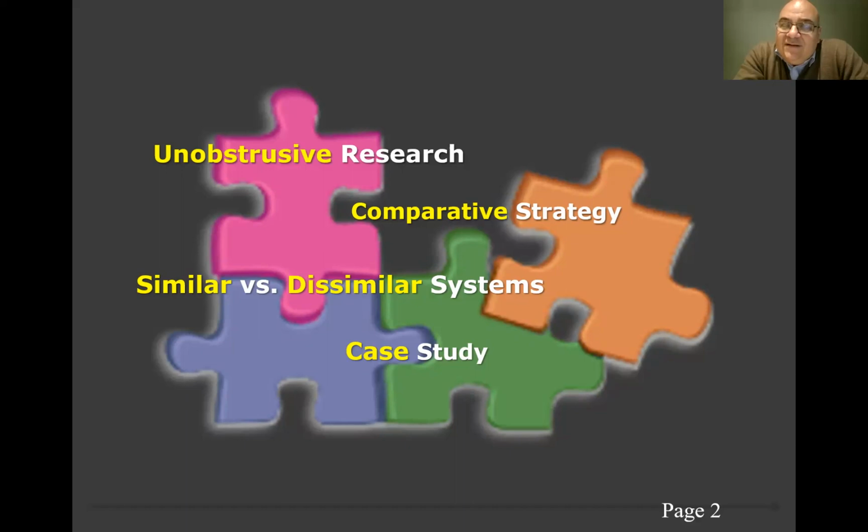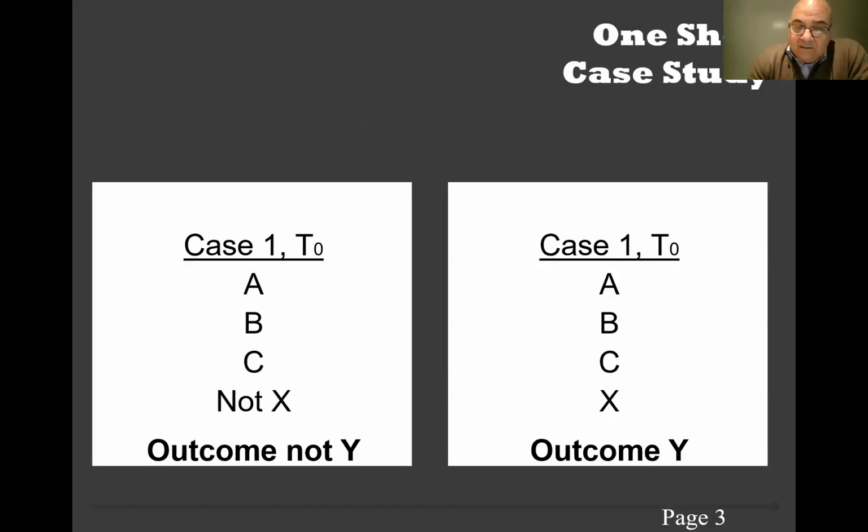Comparative strategy tells us how to compare and what to compare. It's very important because generally people are using one-shot case studies. They don't prefer comparing. They are focusing only on one country. For example, they are looking at case 1 at T0, at any time point.